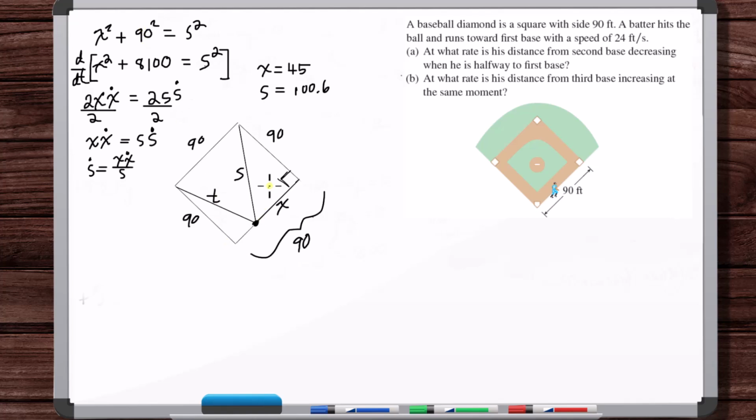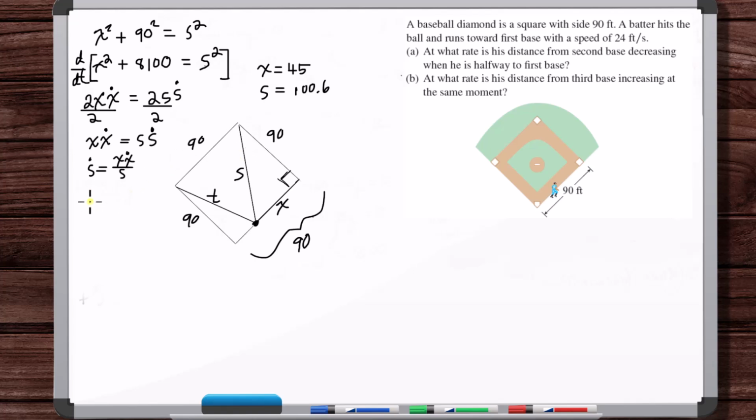So, x dot: what is that doing to the side length of this triangle? It's decreasing the side length. So x dot's going to be negative. We're going to put negative 24. Now, for the side lengths, x and s, for a geometry type problem like this, those are always going to be positive because you can't have a negative side length.